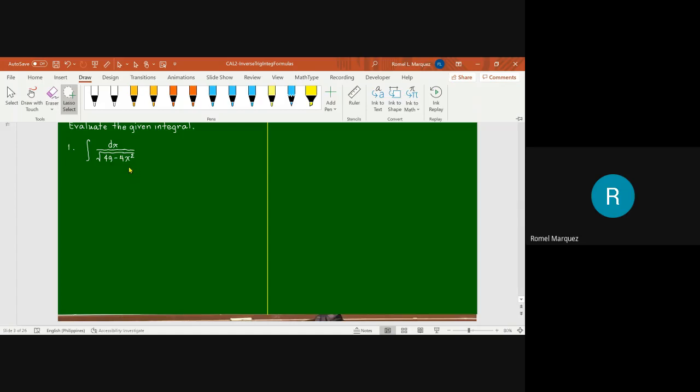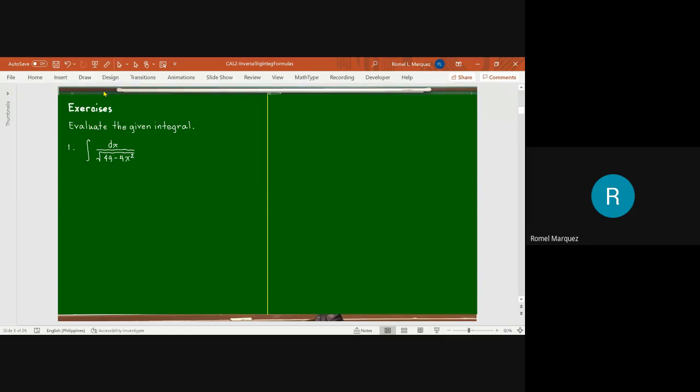But it doesn't mean that if you have a radical in the denominator, it is always leading to inverse trig or inverse sine. It is also possible to be the general power formula. For instance, if 49 minus 4x squared has a differential in the numerator, you can express this in terms of u to the n du.